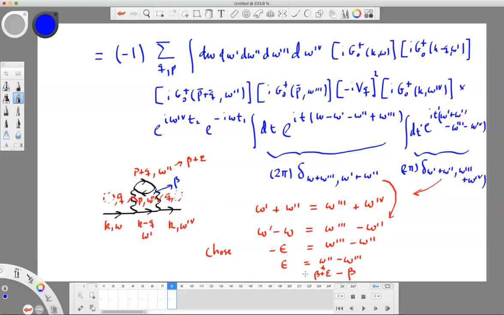So you see that if I make that choice, then beta plus epsilon minus beta gives me epsilon. So this relationship is satisfied. What I have to now show is that the other relationship is satisfied. So let's make here an aside.